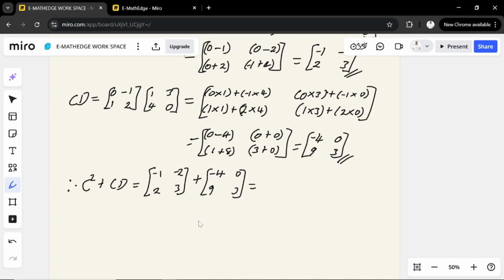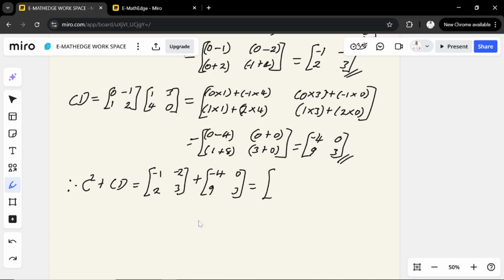And when it comes to addition, what we do is we add up the corresponding elements. That is, element in the first row, first column is going to add up to the element in the first row, first column for the second matrix. Element in the first row, second column is going to add up to elements in the first row, second column of the other matrix. So is this with this and this with this. So let's go ahead and do that.